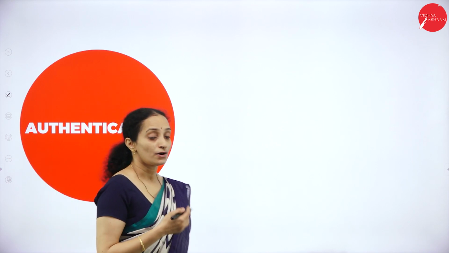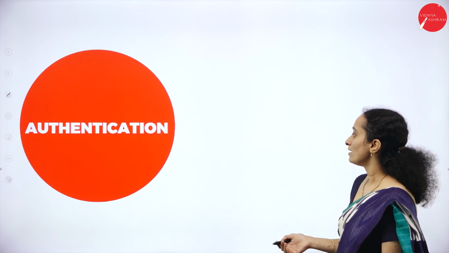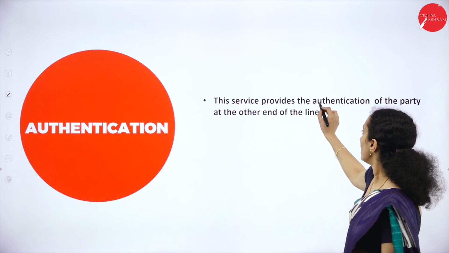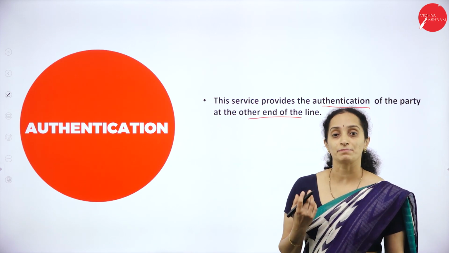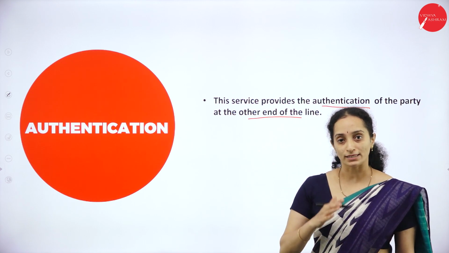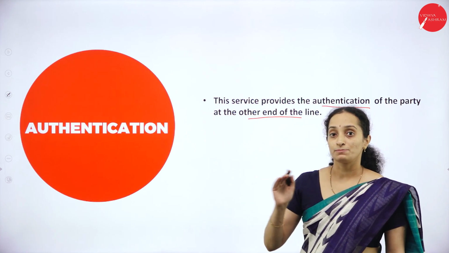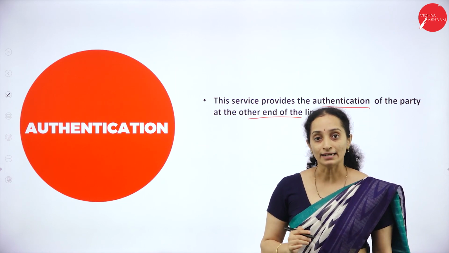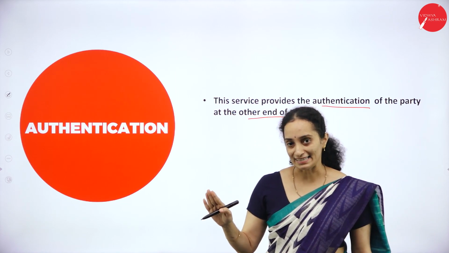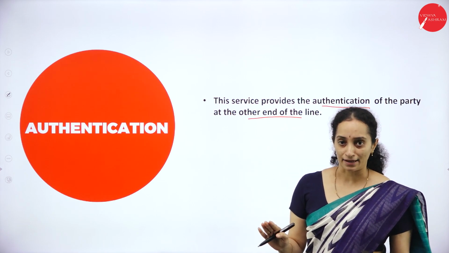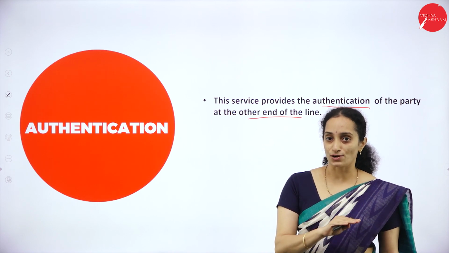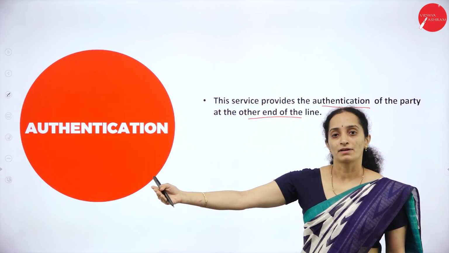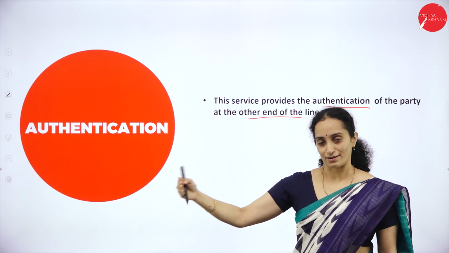Next comes the authentication service. The goal of this service is authentication of the party at the other end of the line, whether it may be sender or the receiver. To the sender, this service provides the authentication of the receiver, so that you are sending the message to the right receiver, not the attacker. When it comes to the receiver, the service ensures that the data has come from an authenticated sender, not the attacker.